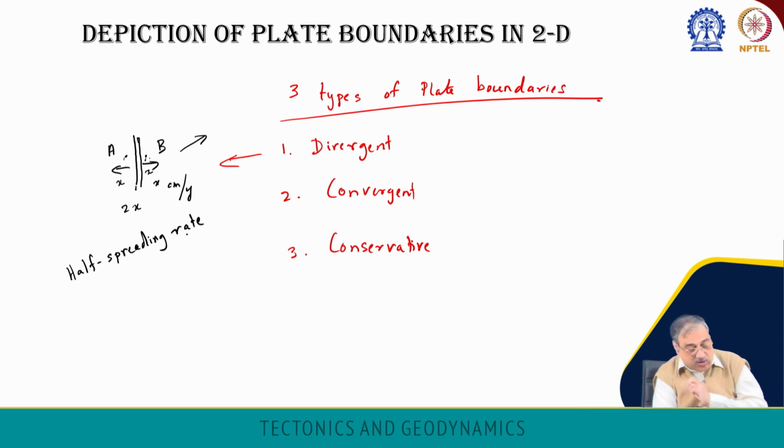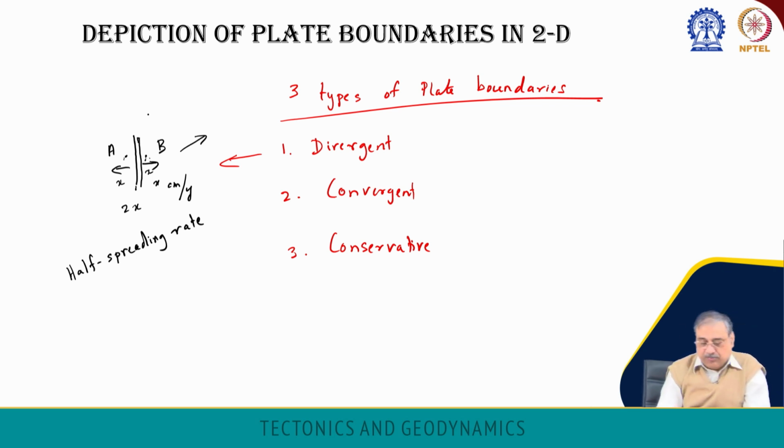So, this is something that you have to keep in mind. The spreading rate across two plates separated by a ridge has to be twice the rate at which the lithosphere is being created. So, this is the standard way of depicting a mid-oceanic ridge, a divergent boundary, in 2D.